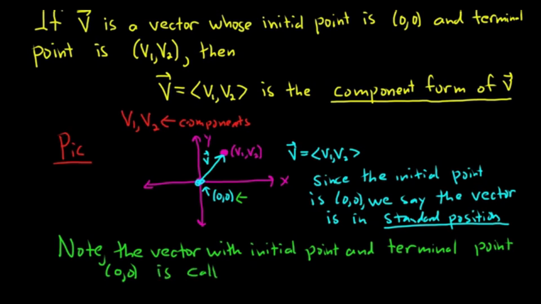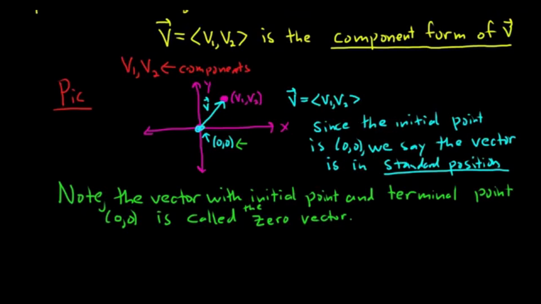It's a very important vector in Calculus 3 and in mathematics. Okay, we're going to use it a lot. And the notation for the zero vector is a 0, but since it's a vector, we put a line with an arrow above it. The first component of the zero vector is 0, and the second component of the zero vector is also 0. So it's a very special vector in the world of vectors.